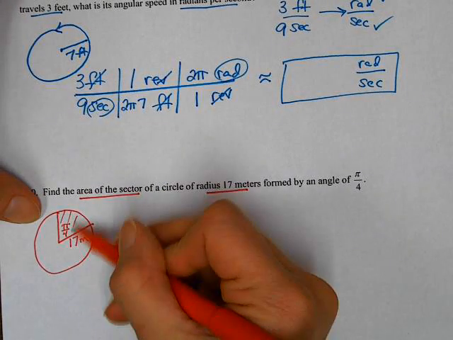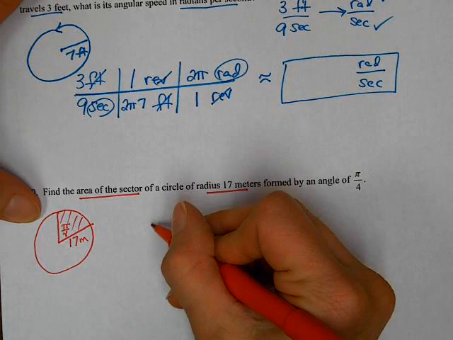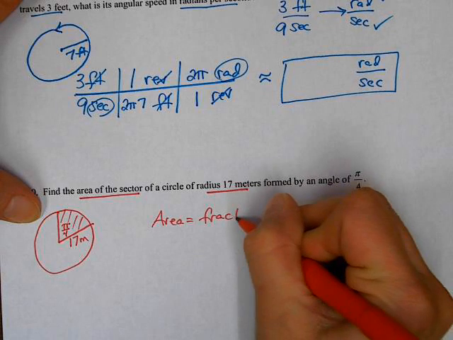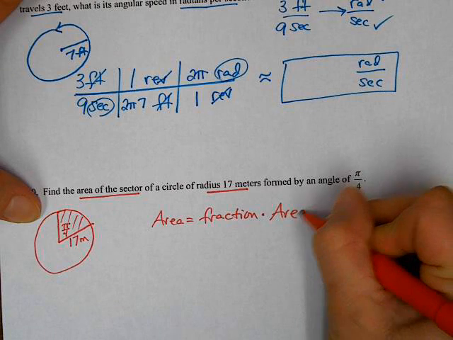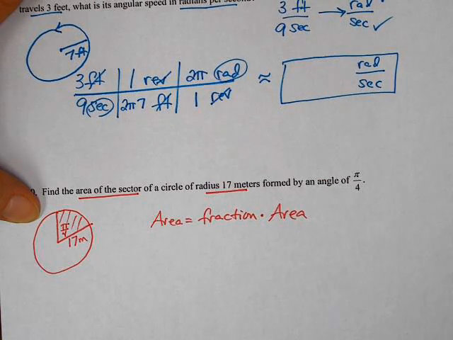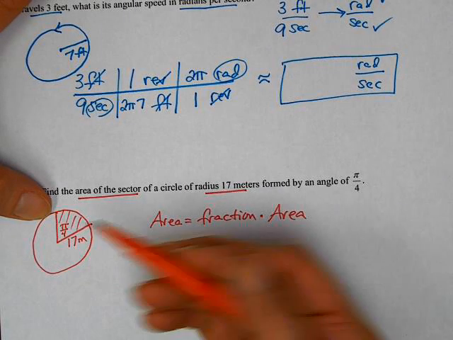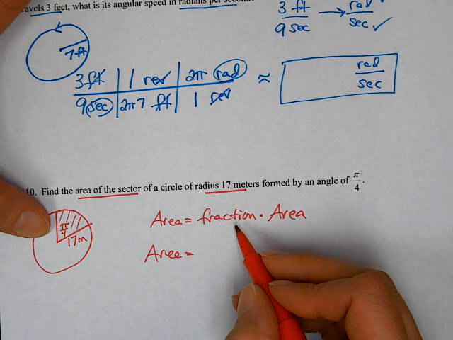To find an area of a sector, the area is a fraction of the entire circle area. Is it a fourth? Is it a half? The area is going to be what fraction?